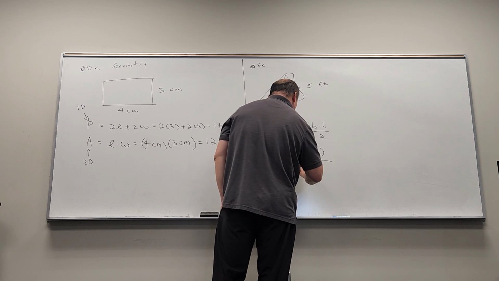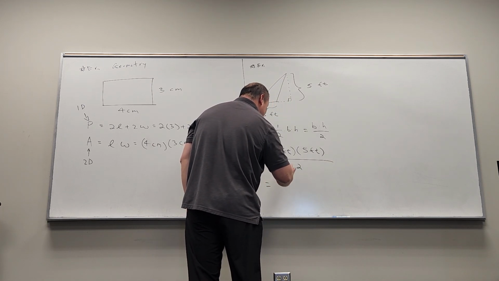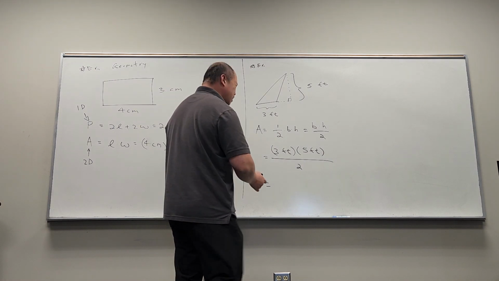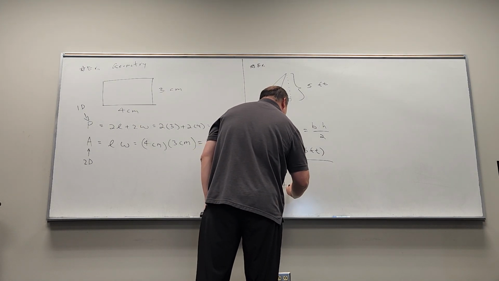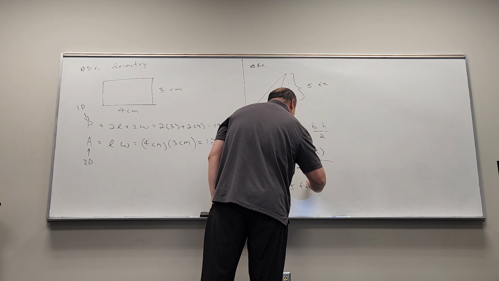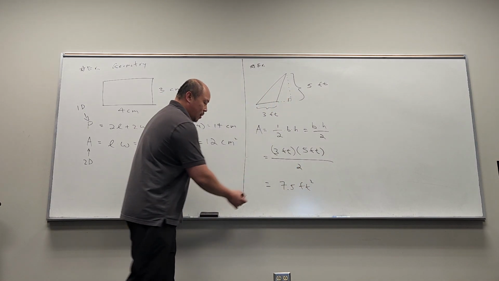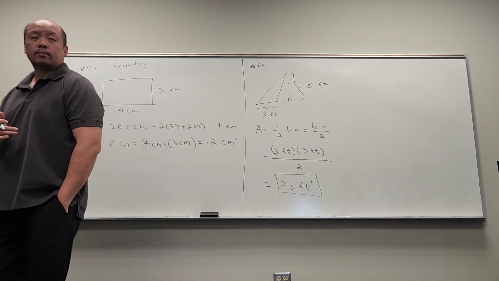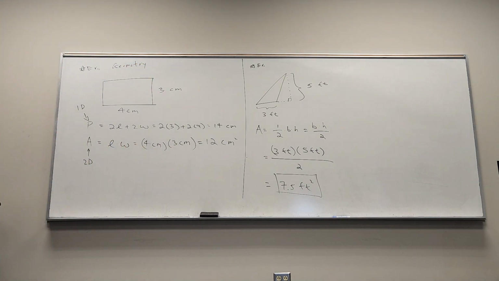Divided by 2, that will be 15 divided by 2, which is 7.5. Again, it's square feet, because it's a 2-dimensional area. The triangle is not so bad.